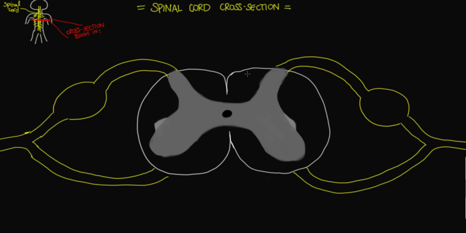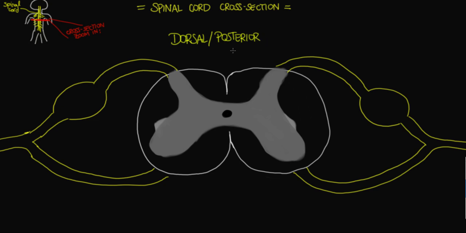So let's talk about some of these components and what makes up your spinal cord. First though, let's keep in mind some anatomical orientation. And so the top region right here is going to be your dorsal or posterior side.